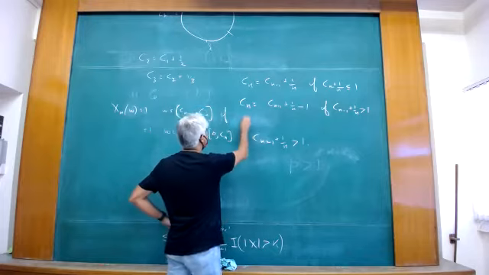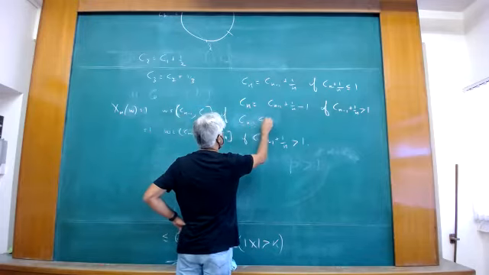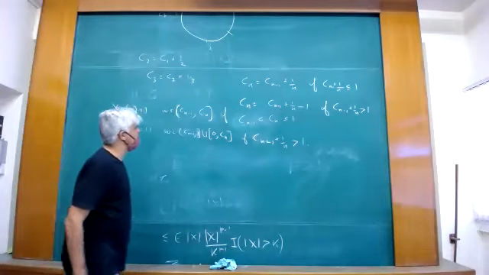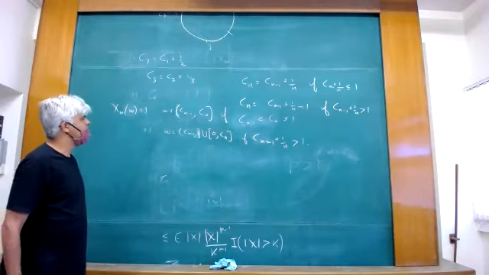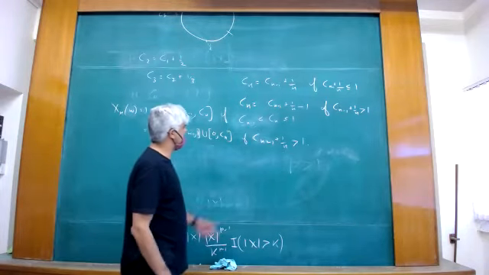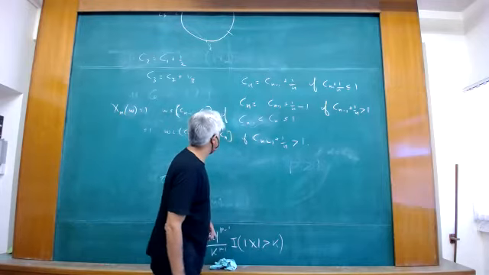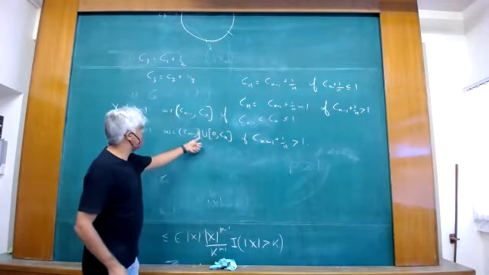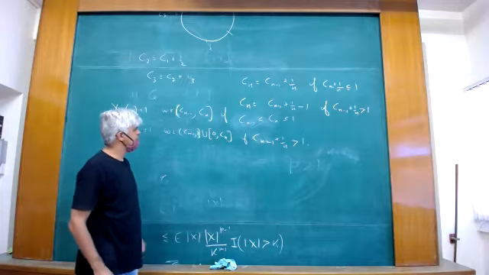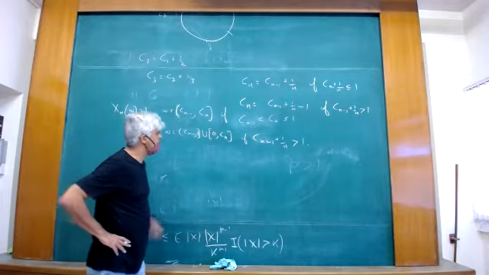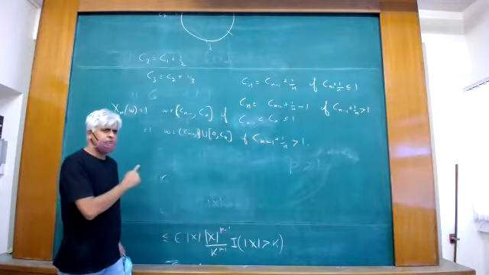And if Cn minus 1 plus 1 by n is greater than 1, then you go up to 1 and then after that wrap around. That's okay, right?